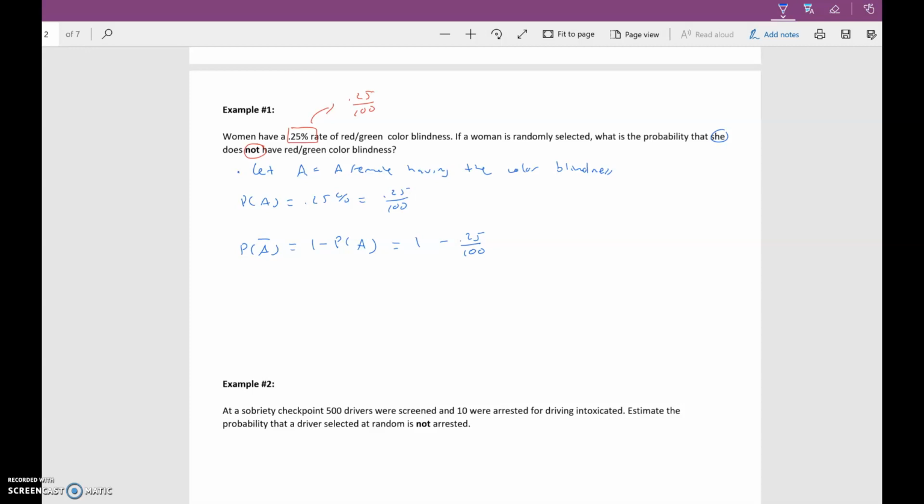Please plug it in so we can compare values. I'm getting 0.9975. Since we already declared A, we don't need to restate it; it's understood that that's the probability the individual is not colorblind. Once you punch this into the calculator, be very careful because it's 0.25 divided by 100.